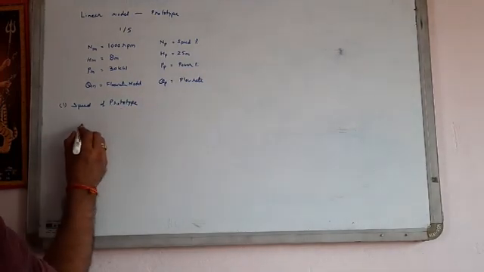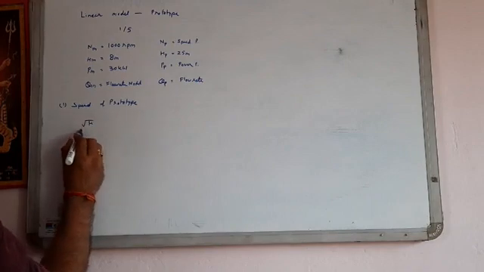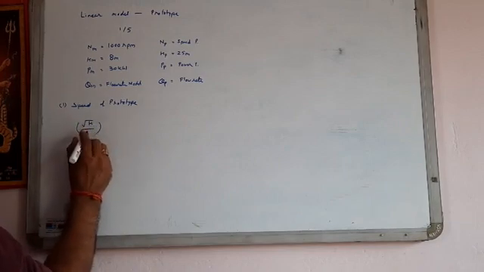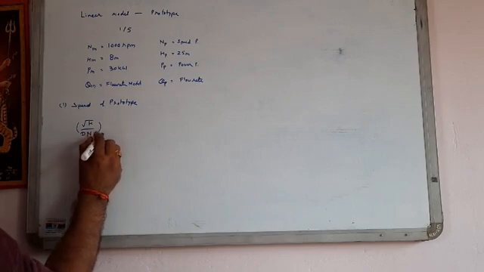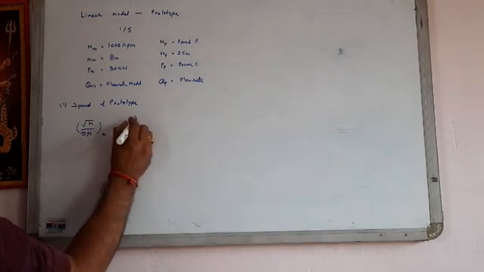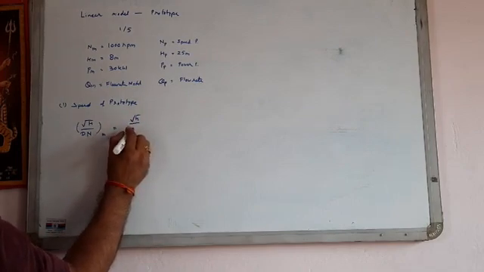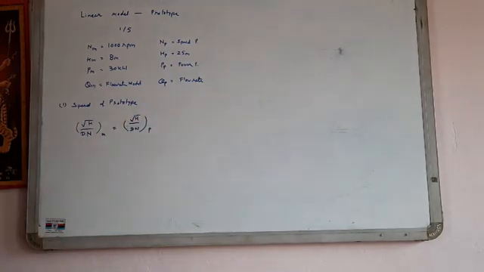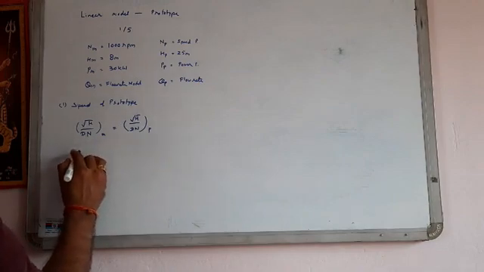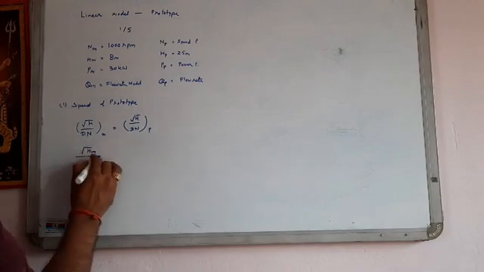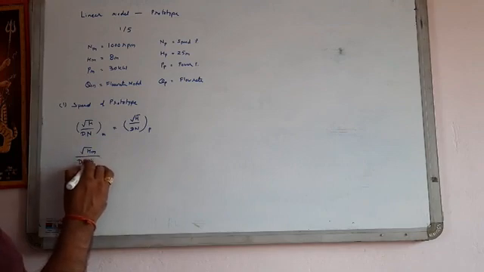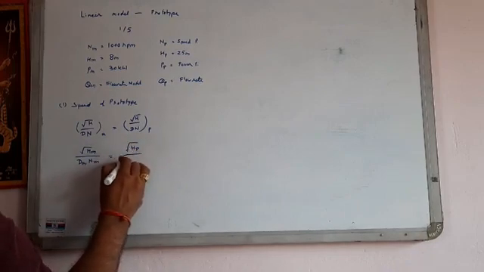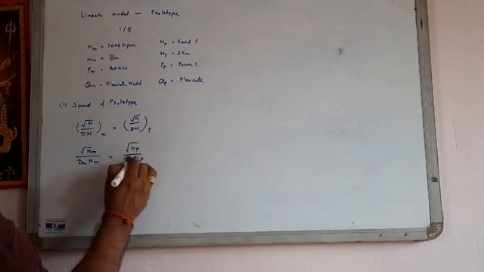For this equation, root H by DN of model equal to root H by DN of prototype, or this can be written as root Hm by Dm Nm equal to root Hp by Dp Np.